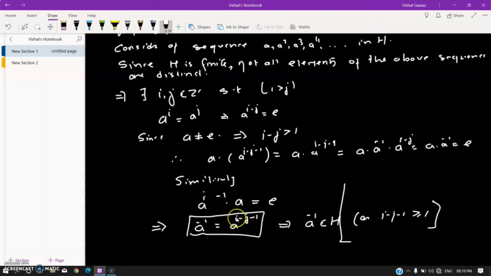So this is some positive power of A, and I'm taking all of this in H. So this is also an element. A inverse will be somewhere in between this. That's the idea of the proof. So what it proves is A inverse is in H. Therefore, by the two subgroup test, H is a subgroup of G.